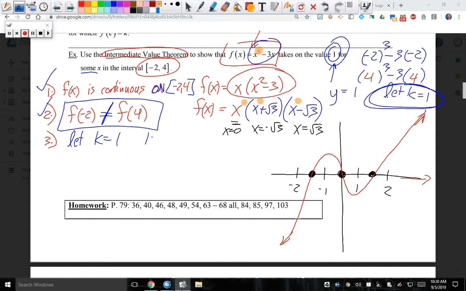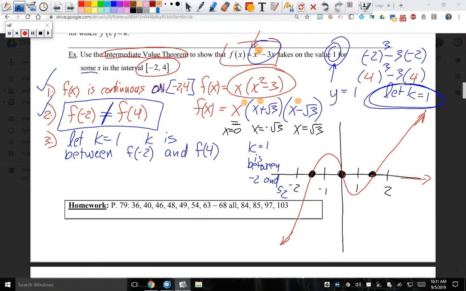And we're going to say k is between f of -2 and f of 4. Off to the side, if you want to say k equals 1 is between -2 and 52, you can if you want. But don't put it over here in the formal proof. Alright?